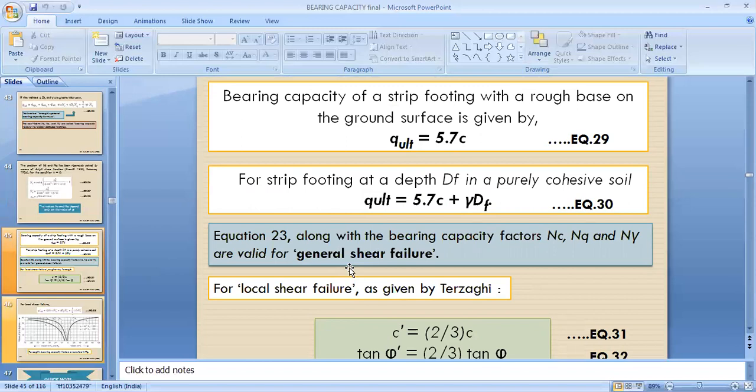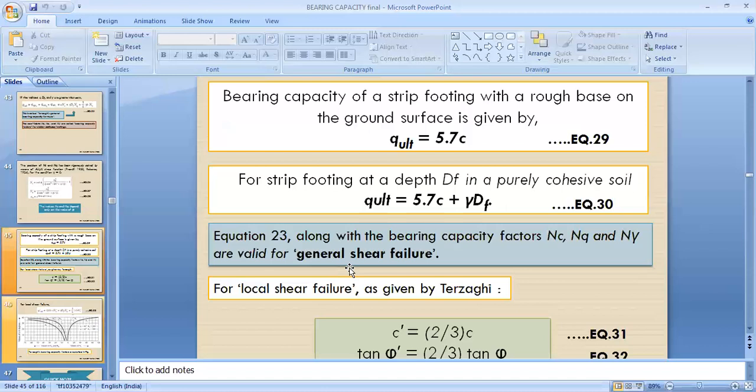Now, bearing capacity as per Terzaghi's theory, C Nc plus gamma D Nq plus 0.5 gamma B N gamma, was for c-phi soils. If you have only cohesive soils where phi is 0, it reduces to Q ultimate equal to 5.7 C. And for the strip footing at a depth Df, when you take the surcharge load into consideration as well, it will be 5.7 C plus gamma D.